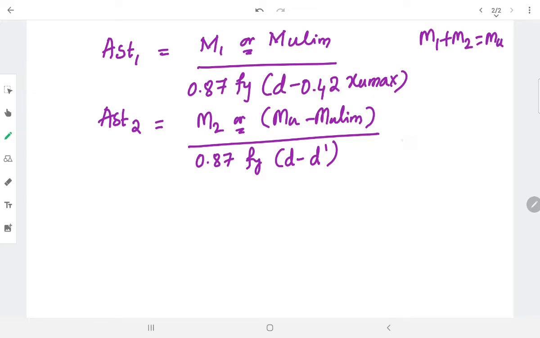Next, d dash is nothing but the effective cover used in the beam.